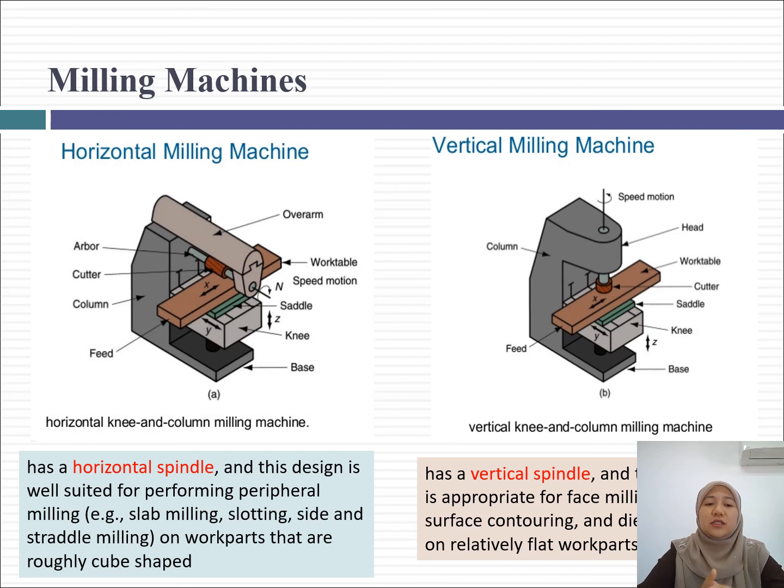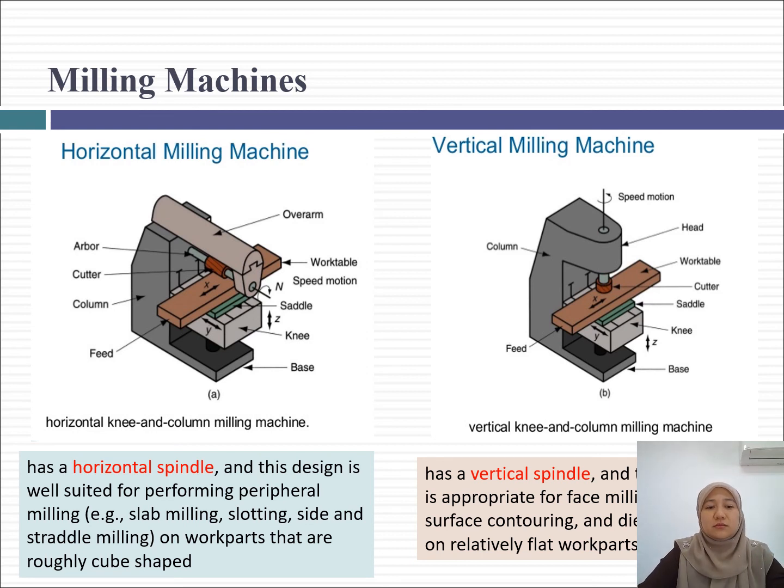All the different types of milling fall under the peripheral milling operations. They are roughly cube shapes, so it is to cut a prismatic shape. So in milling, normally it is a prismatic shape.